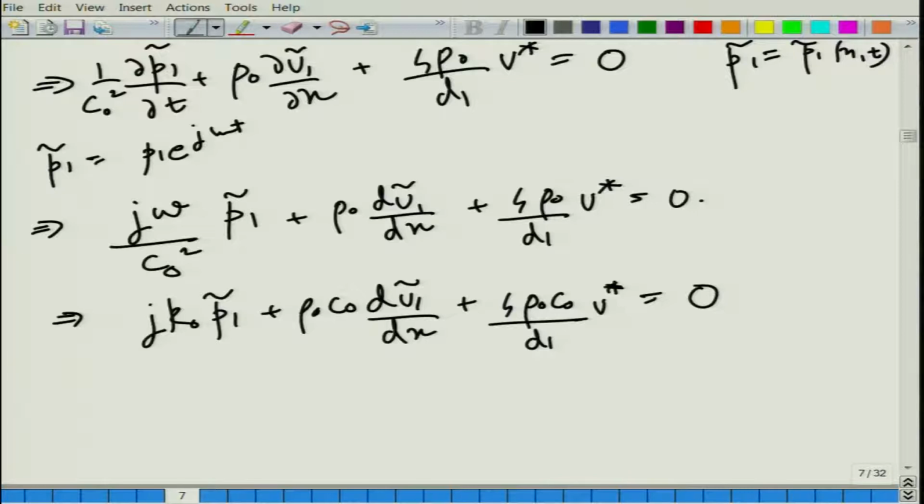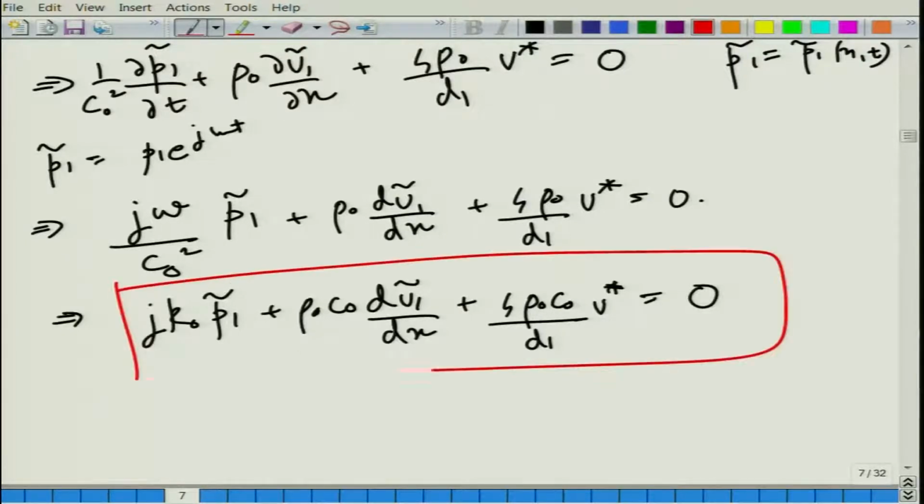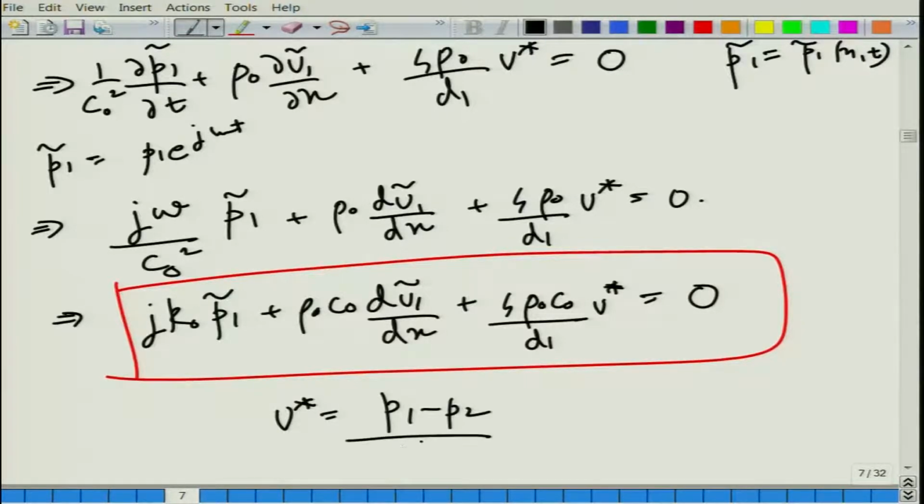So, we get this sort of a term, but further simplification perhaps also needs to be carried out. And so, what is u star really? I will just box this and say u star is nothing but P 1 minus P 2 by rho naught C naught, the impedance, rho naught C naught into the perforate impedance.